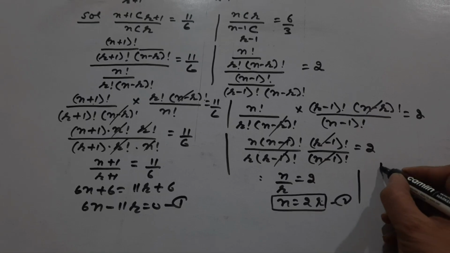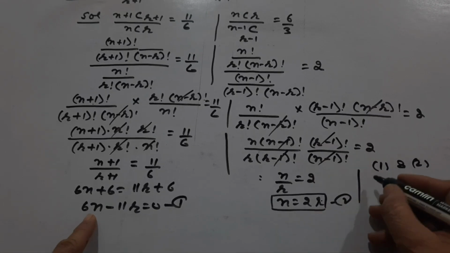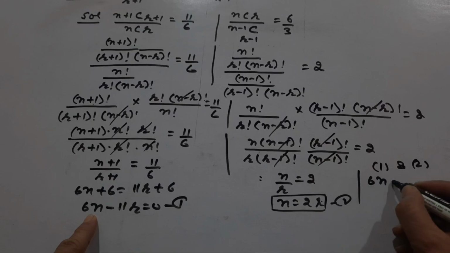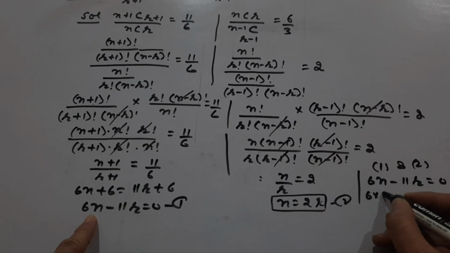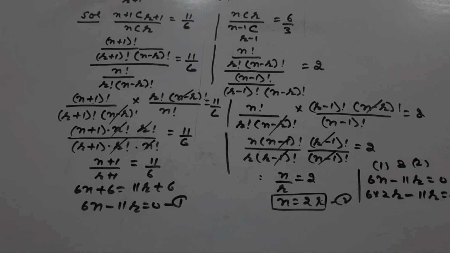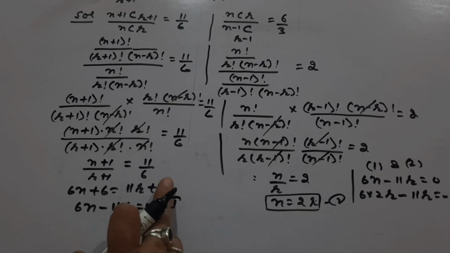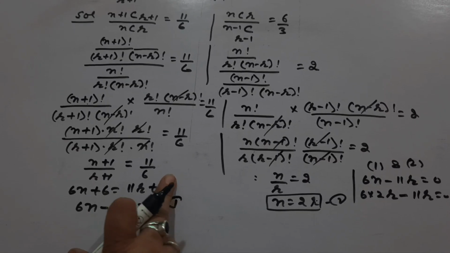So from 1 and 2, putting n equal to 2r over here, we have 6n minus 11r equal to... Putting n equal to 2r, students, here we have, please make a correction, 11r plus 11.